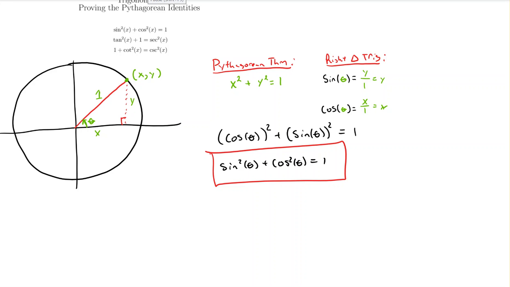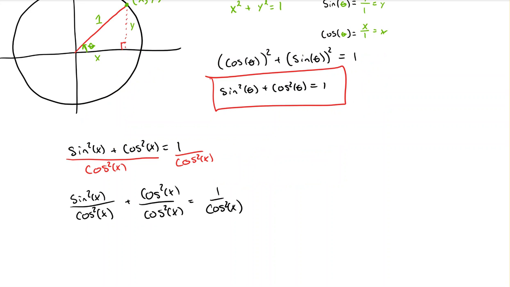So for that, we're going to start with the Pythagorean identity we just proved. And you'll notice if I divide everything on the left by cosine squared of x, and I divide everything on the right by cosine squared of x, I'll have the following, which when I try to simplify it, sine squared over cosine squared, by a quotient identity, is just tangent squared.